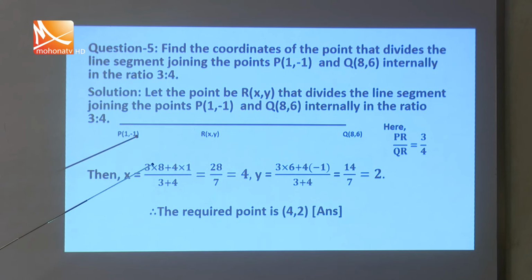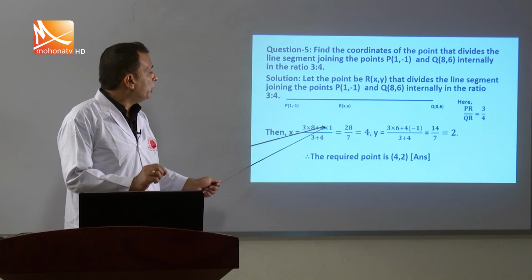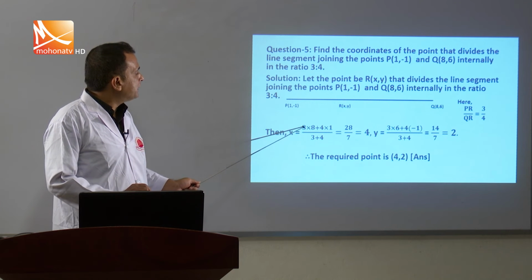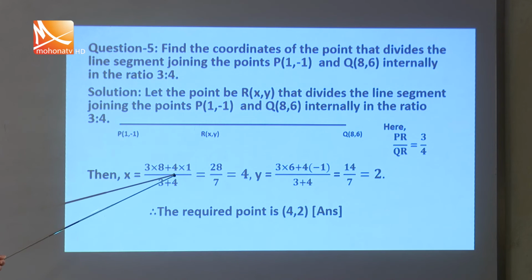Then x is equal to, we have already learned the formula, (m1 x2 plus m2 x1) by (m1 plus m2). So m1 is 3 and x2 is 8, plus m2 is 4 into x1 is 1, by 3 plus 4. If we make the calculation, we will get 28 by 7.